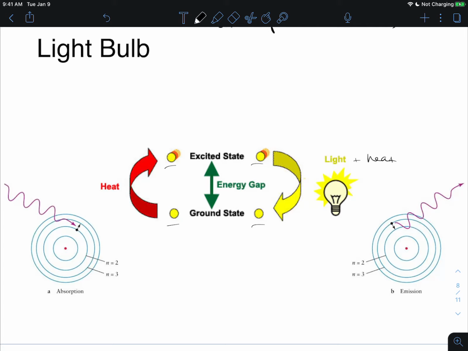You could also have LED lights, which are much more efficient. In this case, we go from a ground state to an excited state, and then it's much more efficient about going back down to the ground state and transferring into light versus heat, which is why an LED light bulb is a lot less hot than an incandescent bulb.